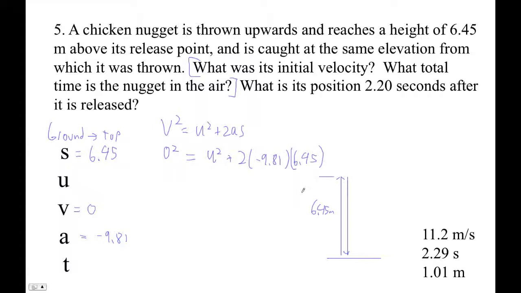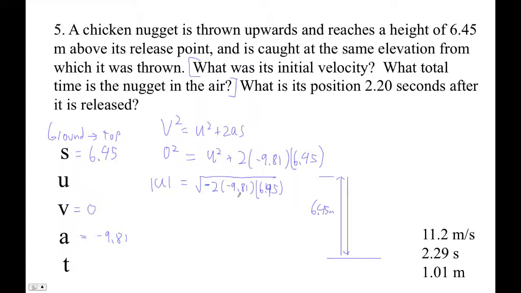So the absolute value of u is equal to the square root of the opposite of 2 times negative 9.81 times 6.45. Now, I know that it was going up to begin with, and so I will ignore the possibility that it could be negative.